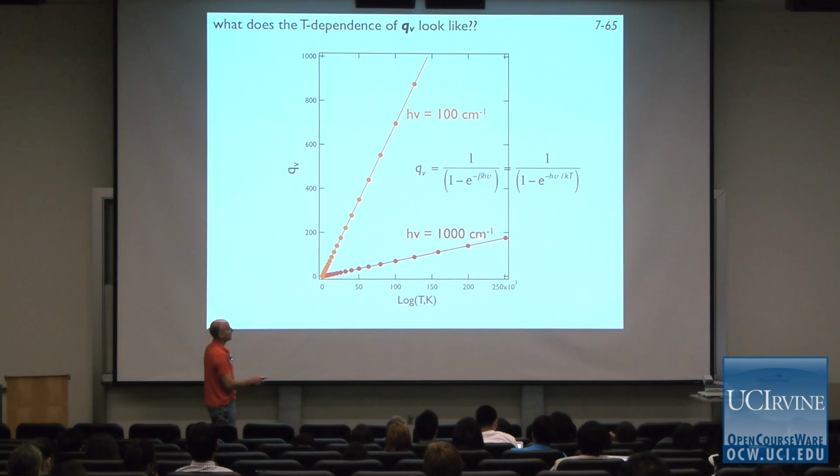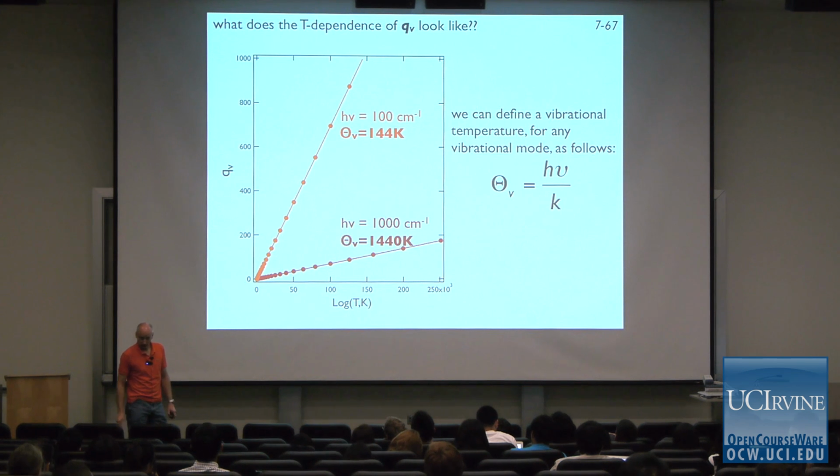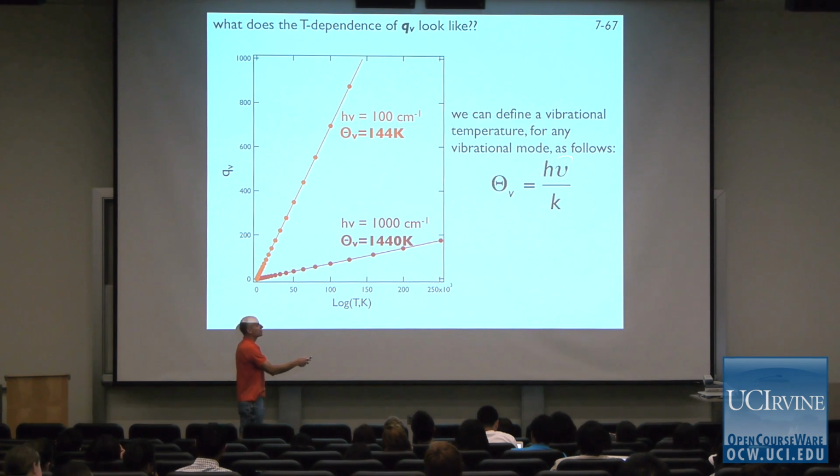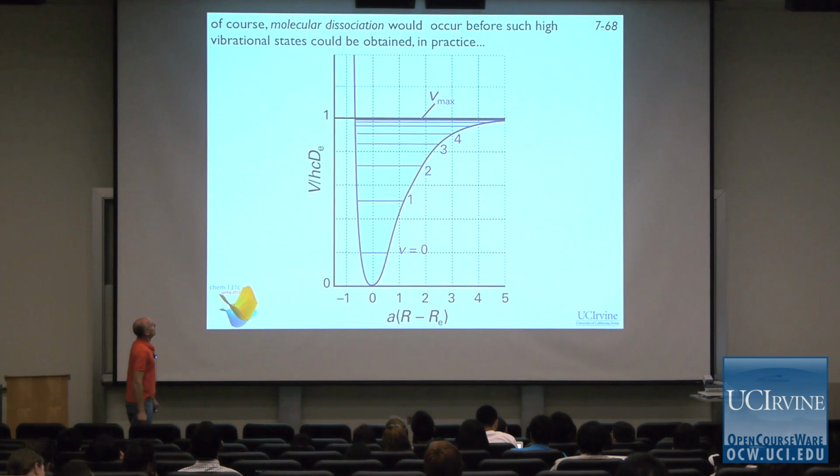This is for a 1,000 wave number mode, this is for a 100 wave number mode. The vibrational temperatures are 144 K and 1400 degrees K. We can always calculate the vibrational temperatures, just h nu over k. Yes, it would fall apart. That's only about 1 electron volt for most molecules.